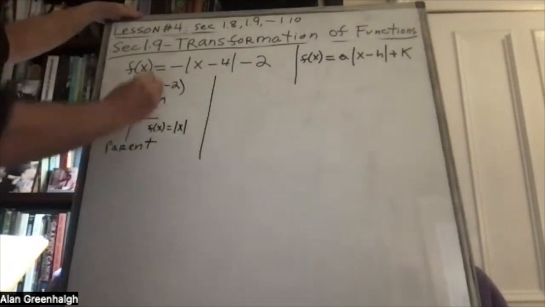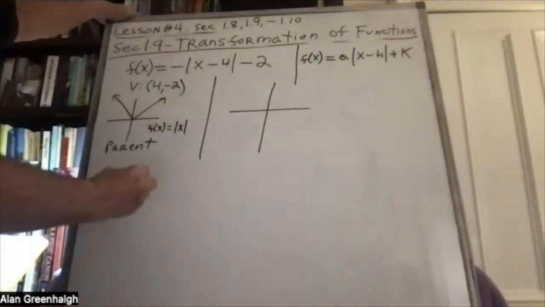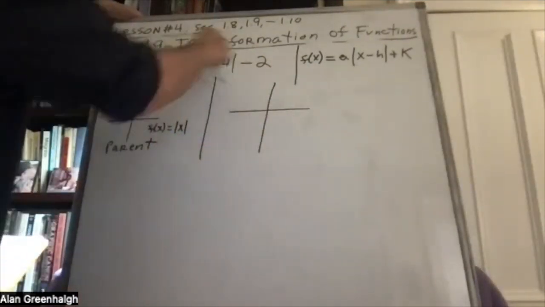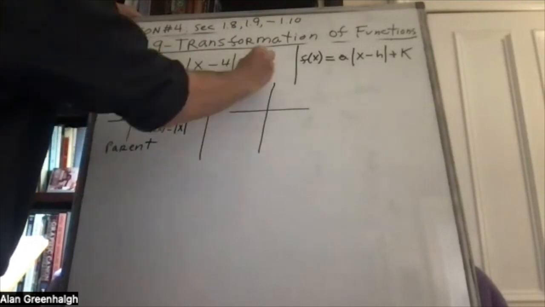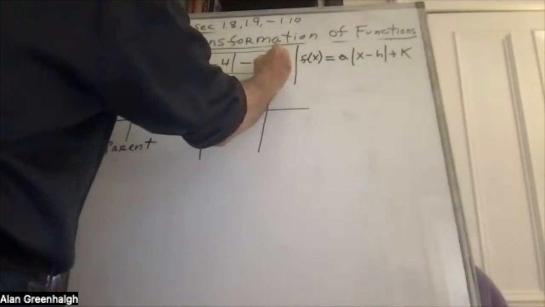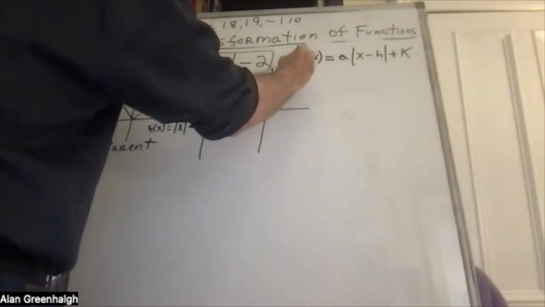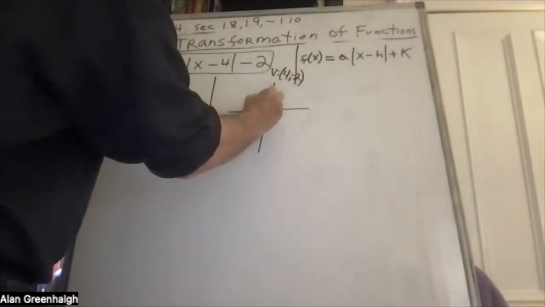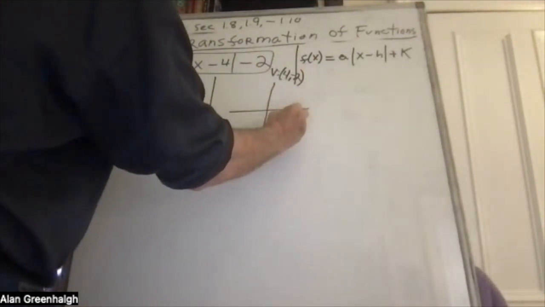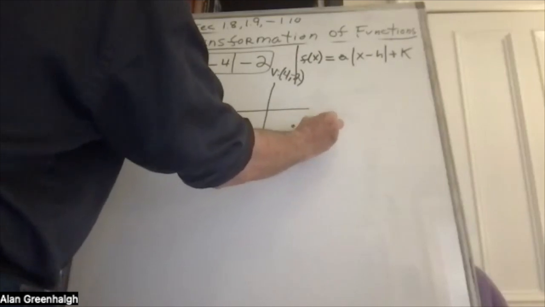But we don't want the parent. We want this function that I just gave you up here. And the vertex will be at the point 4, -2. So we start at 4, -2. That will be the starting point.